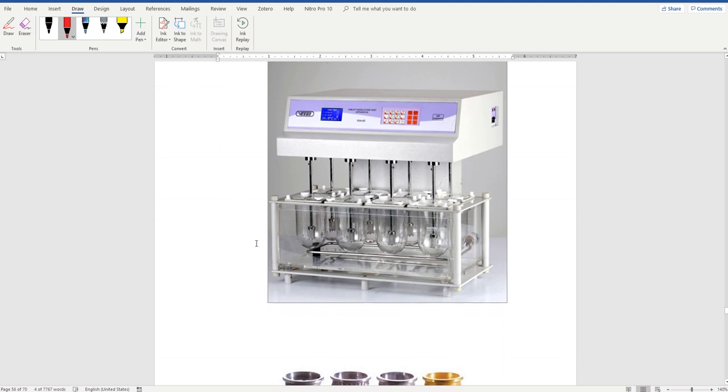You see here dissolution apparatus with multiple stations. If you count them, 1, 2, 3, 4, and there is another 4 behind them. So this is an 8 station dissolution apparatus. Look at it carefully. You will see 8 vessels. This is a vessel. The vessel can accommodate 1 liter of medium, and the bottom of this vessel is hemispherical.